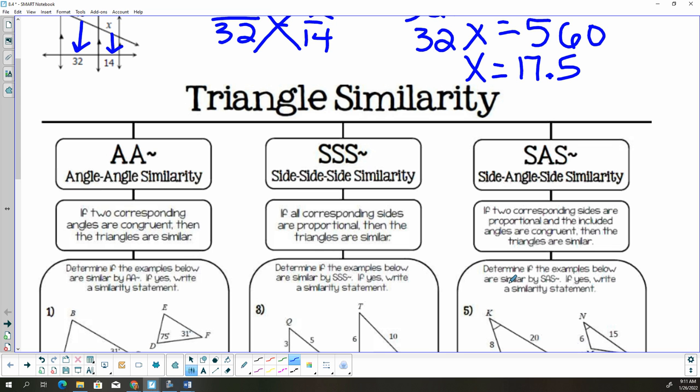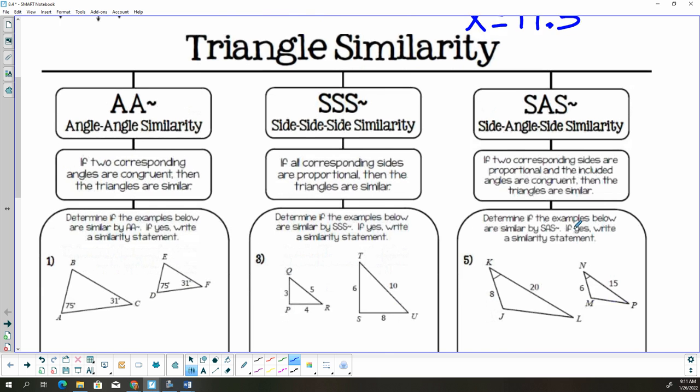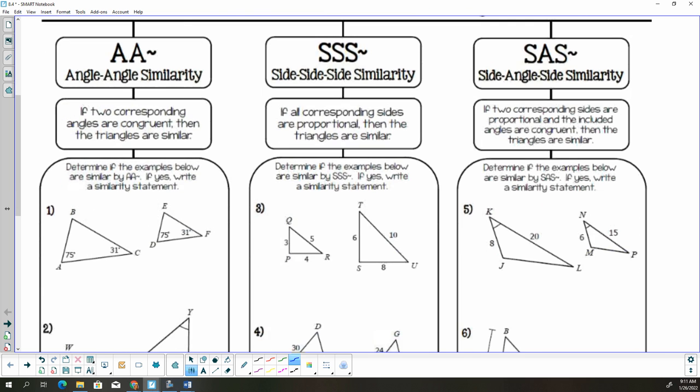Now, they are slightly different from the congruence theorems. The side, side, side with the congruence theorem meant that the 3 sides of one had to be congruent to 3 sides of the other triangle. When we talk about similarity, what we mean is that all corresponding sides are proportional, and that's how the triangles are similar. And then yesterday we talked about corresponding sides being proportional.